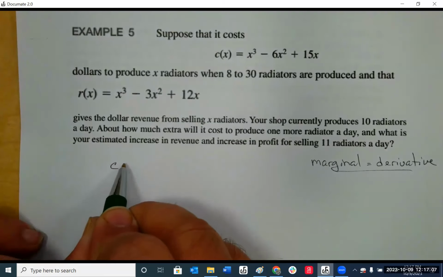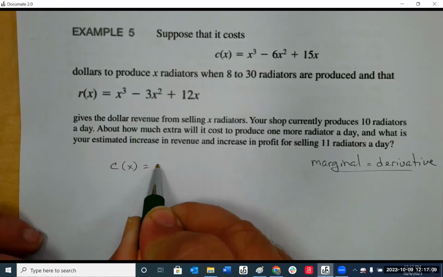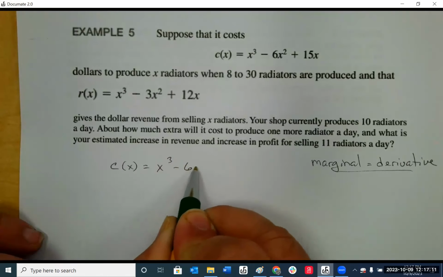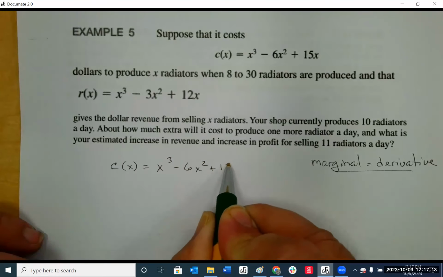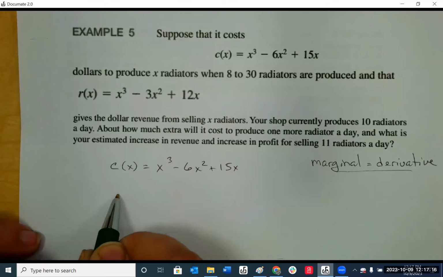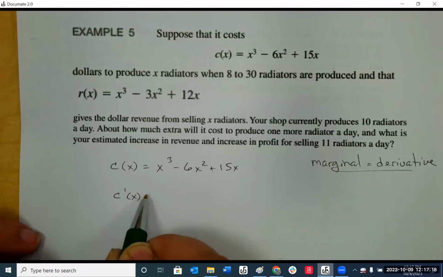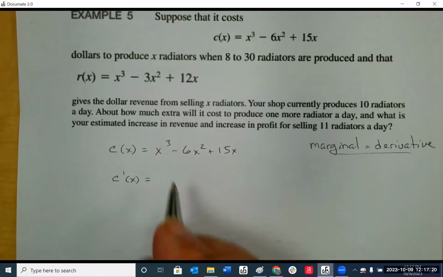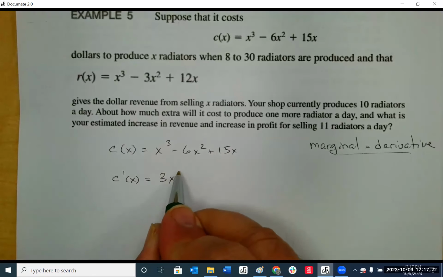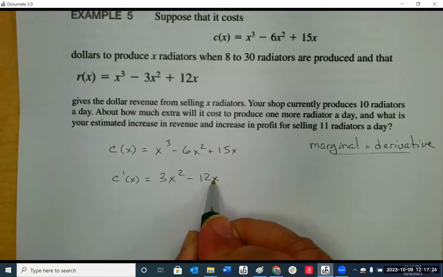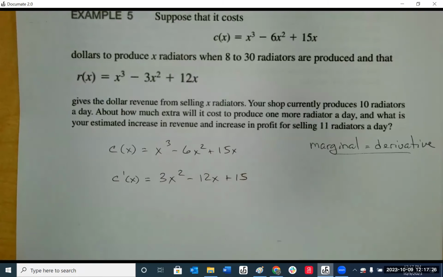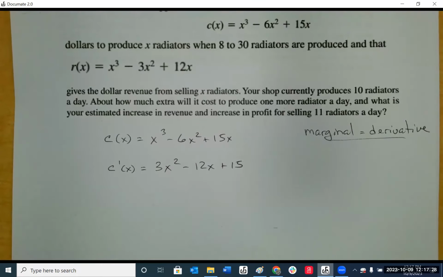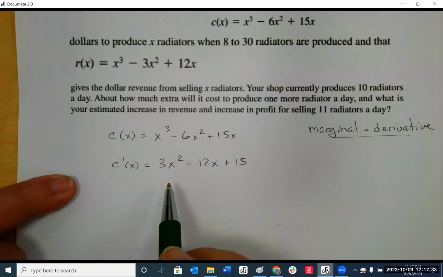So we have C of x equal to x cubed minus 6x squared plus 15x. The marginal cost of increasing, yes, that's the formula. So we started off with 10.